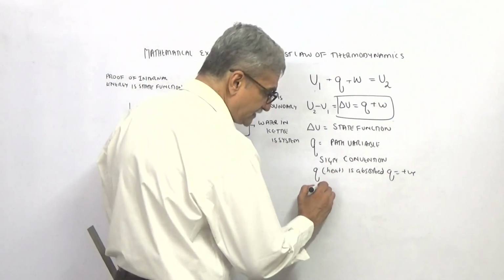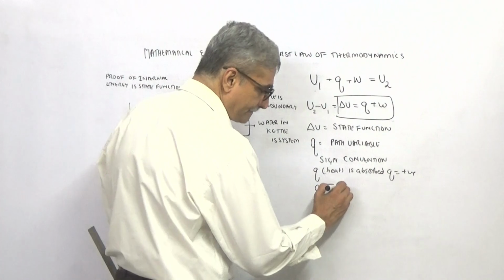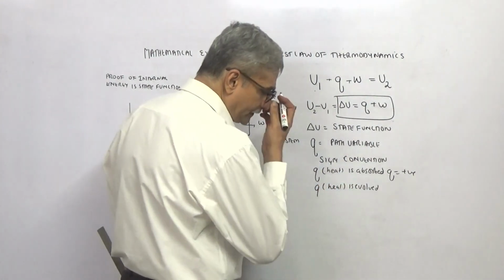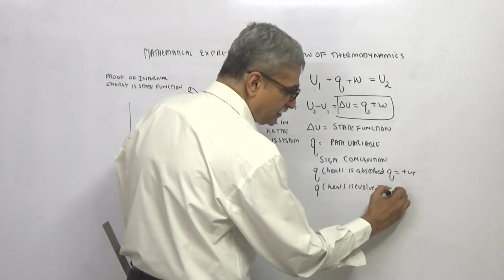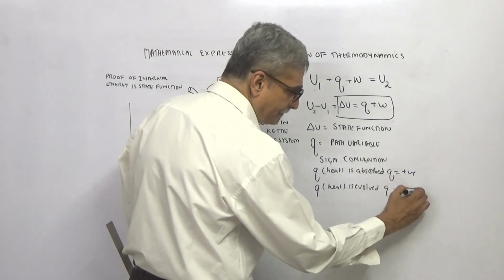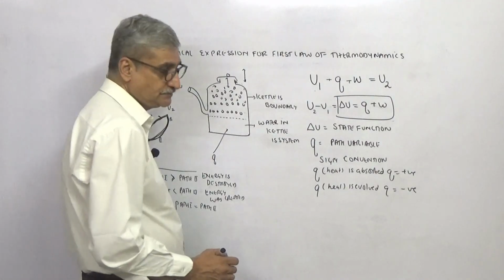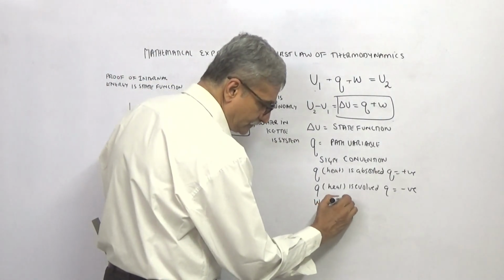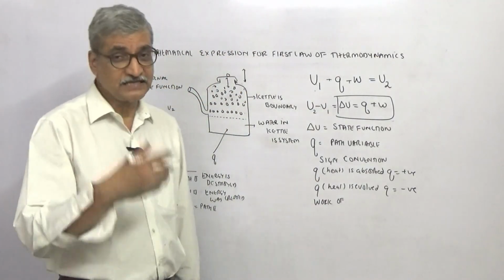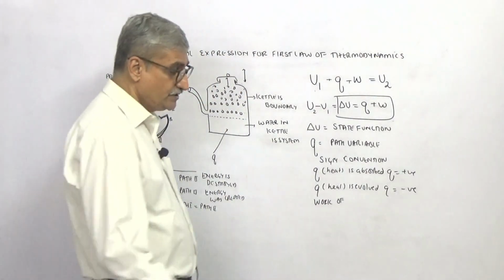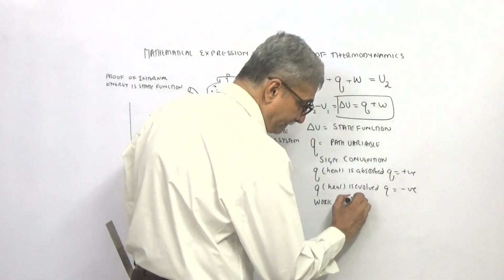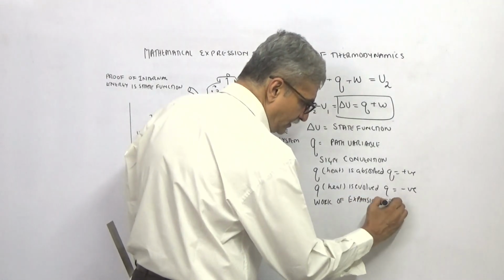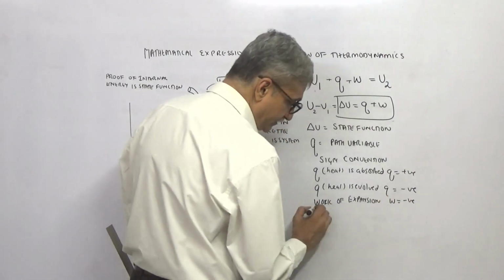If heat is evolved, then Q is negative. Then work of expansion, for a cylinder with gas and piston, is the story. For work of expansion, work is negative.